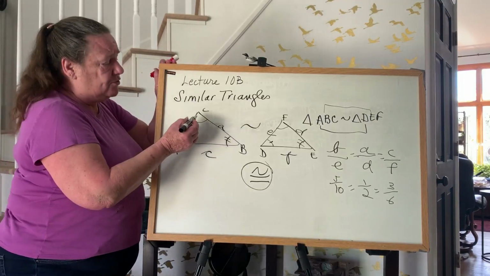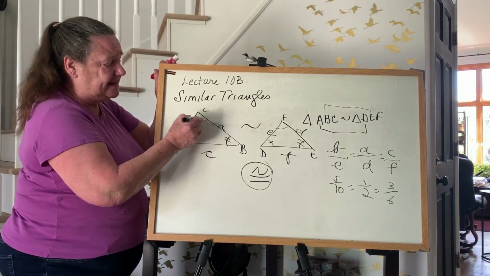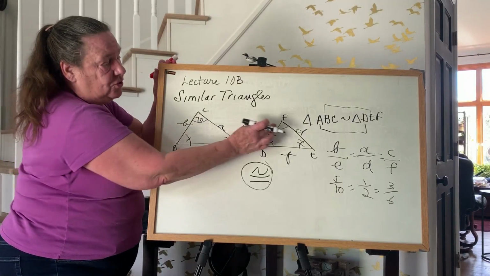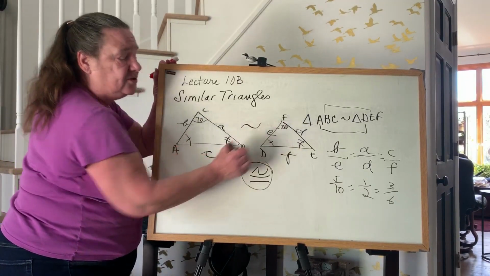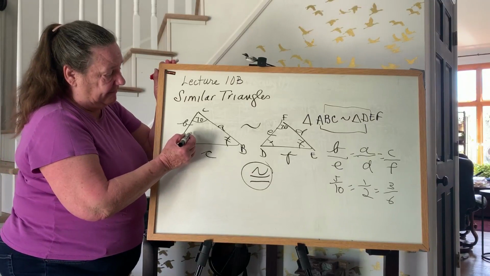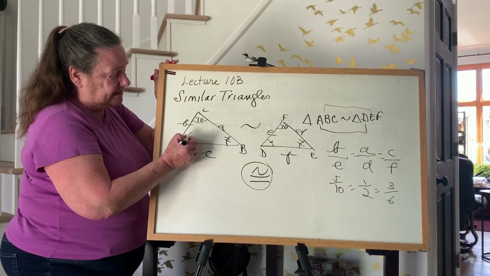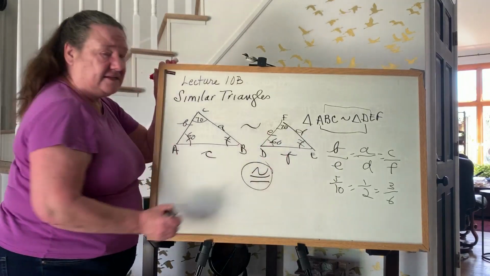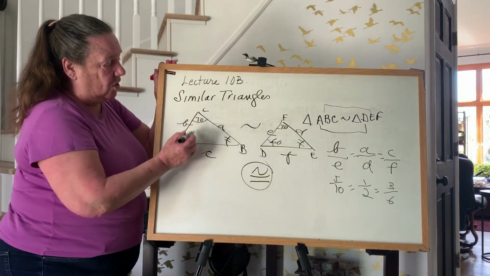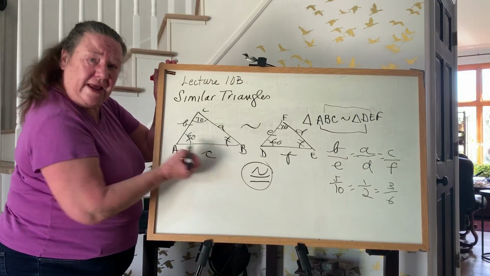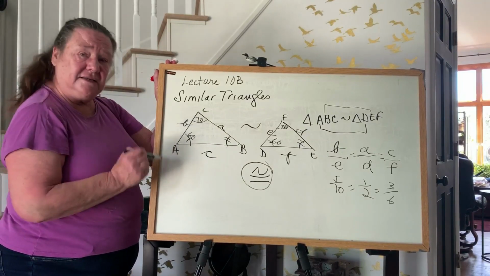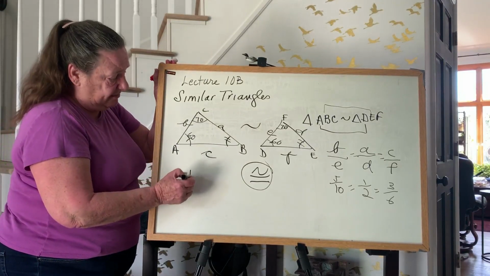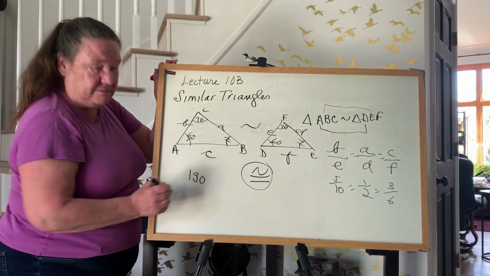Now, if you know that this angle is, say, 70, then you know that this angle is also 70. If this angle is 60, then you know that this angle is 60. Okay? So, what would be this third angle? I have 70 and 60 already used. That's 130.